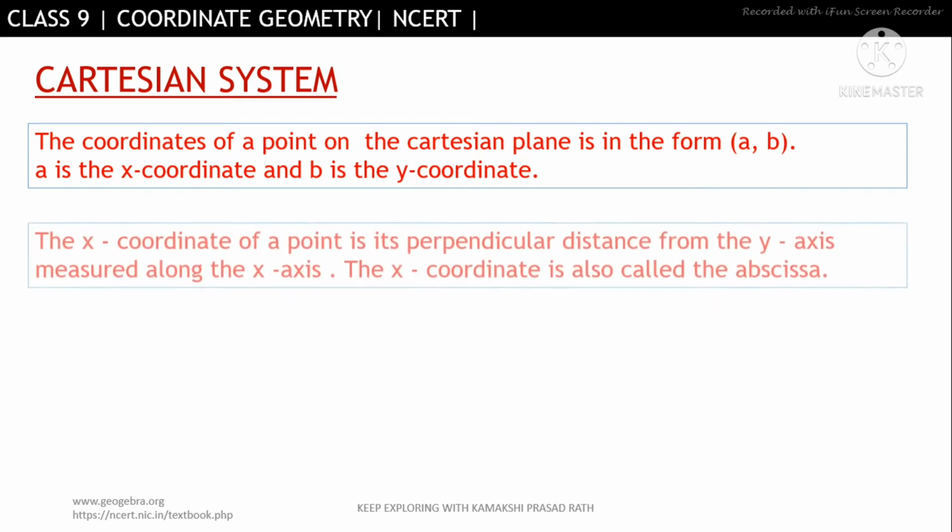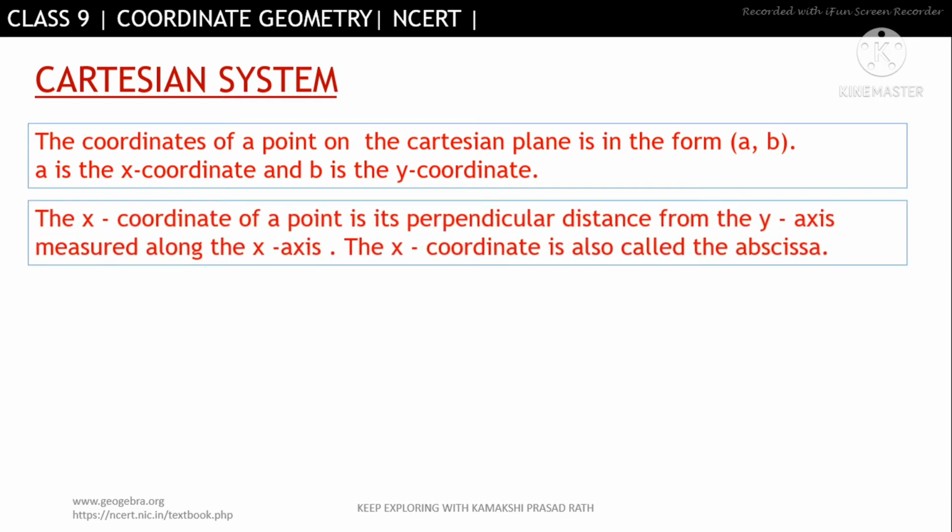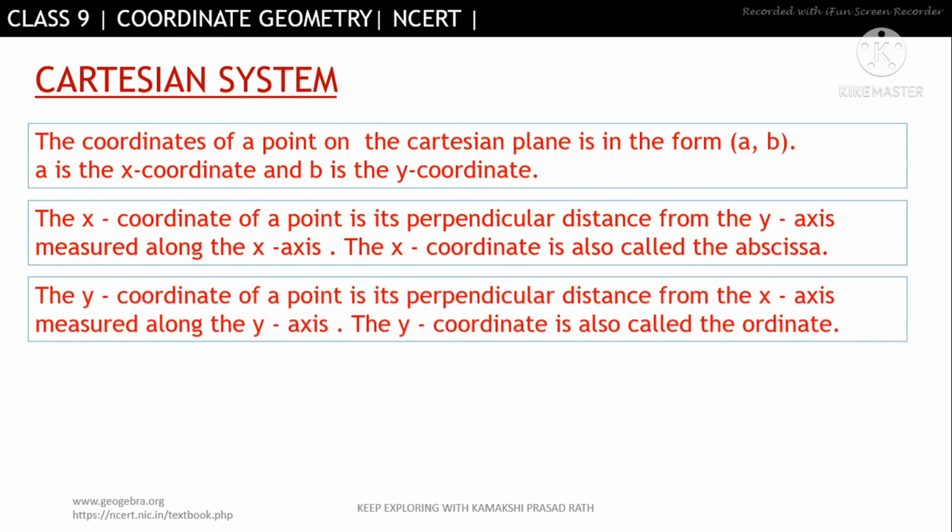The x coordinate is the perpendicular distance from the y-axis measured along the x-axis, and it is also called the abscissa. The y coordinate is the perpendicular distance from the x-axis measured along the y-axis, and it is also called the ordinate.